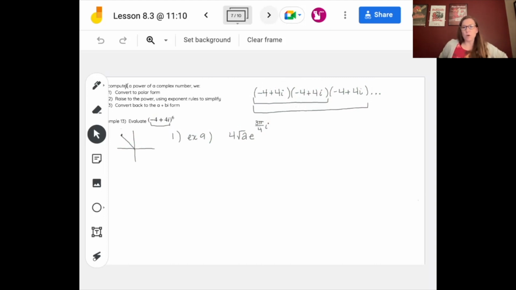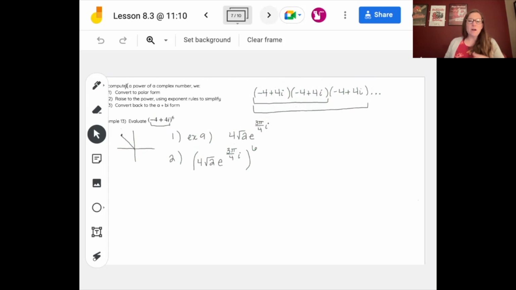So we've done step 1 already back in example 9. Step 2, let's raise this to the power that we have. So it's raising this to the power of 6, because 6 was our power here. I will have 4 square roots 2 e to the 3 pi over 4i, to the power of 6.